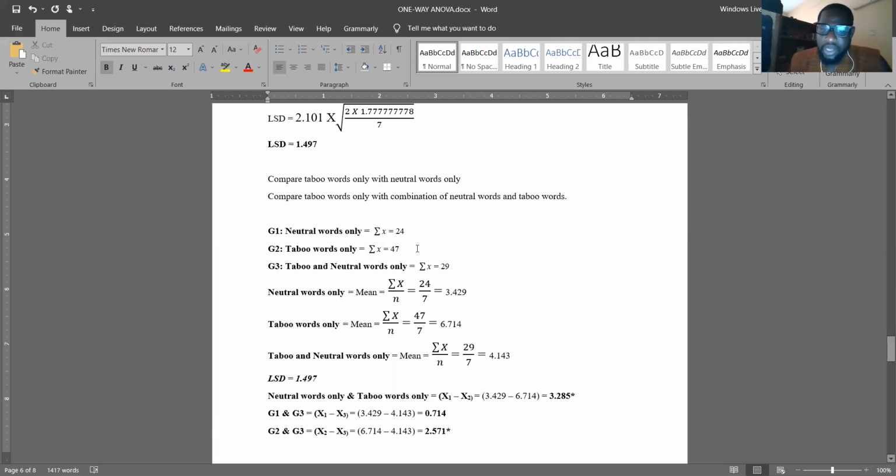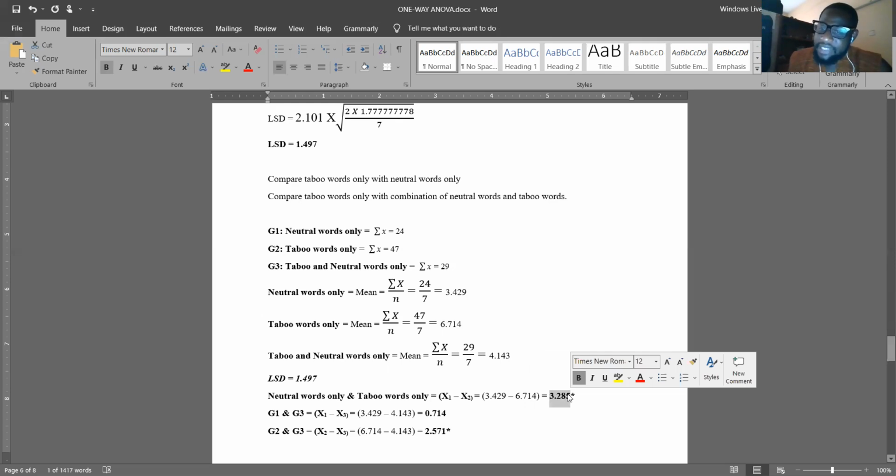And what did we get for neutral words? We had its mean to be 3.429, and that's what is here. Then with taboo words, we had its mean to be 6.714. And we want the difference. So it means you're supposed to subtract the means of the two. And when you subtract, you will get 3.285.